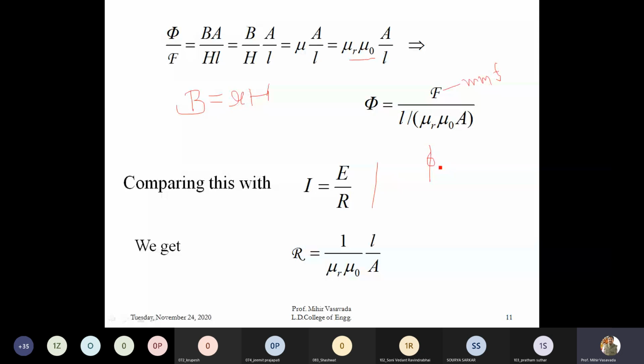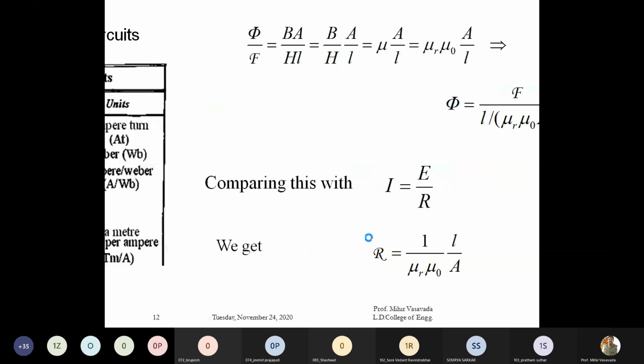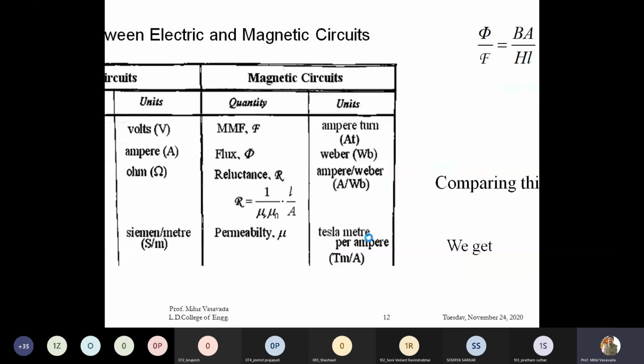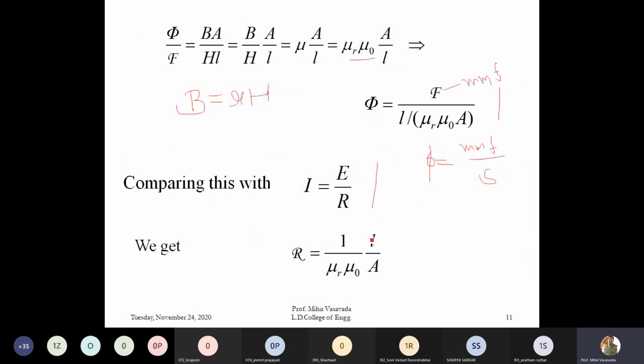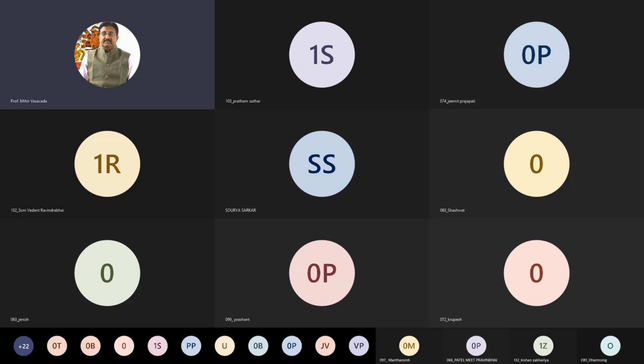So you can tell that the flux is MMF upon the reluctance. A similar equation we have derived here also. Clear? So now after discussing the basics, in the next slide we'll discuss the analogy.